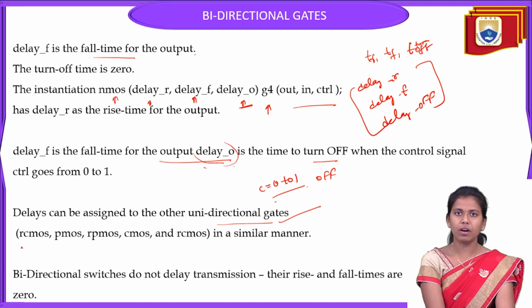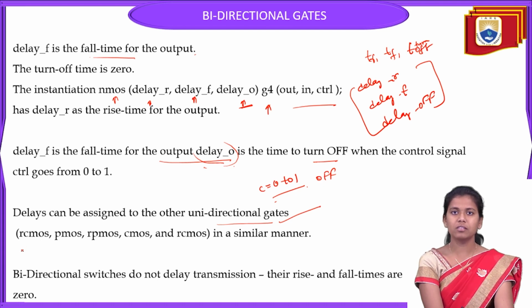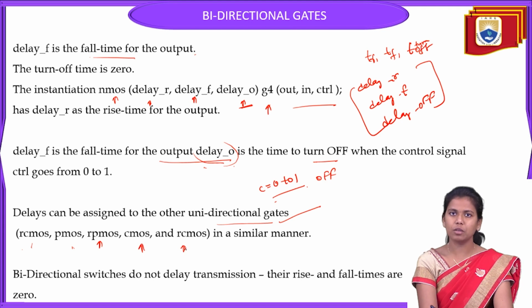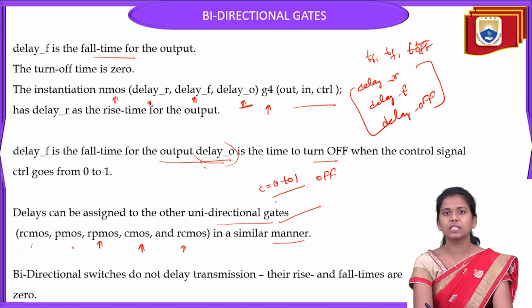That means we have RCMOS, the resistive switches, and with respect to PMOS, RPMOS resistive, CMOS and RCMOS as well. In a similar way to how we represent the delays for PMOS and NMOS, we can also represent the delays for CMOS and the resistive switches.